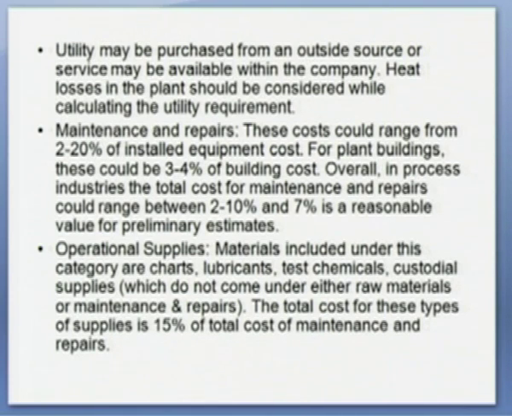Heat losses in the plant should be considered while calculating the utility requirement, you have to go for heat integration so as to utilize as much of the waste heat in your process for meeting the energy demands. Now, those kind of things like heat exchanger network synthesis, etc., we are going to see in the next module, okay, that is on heat exchangers.